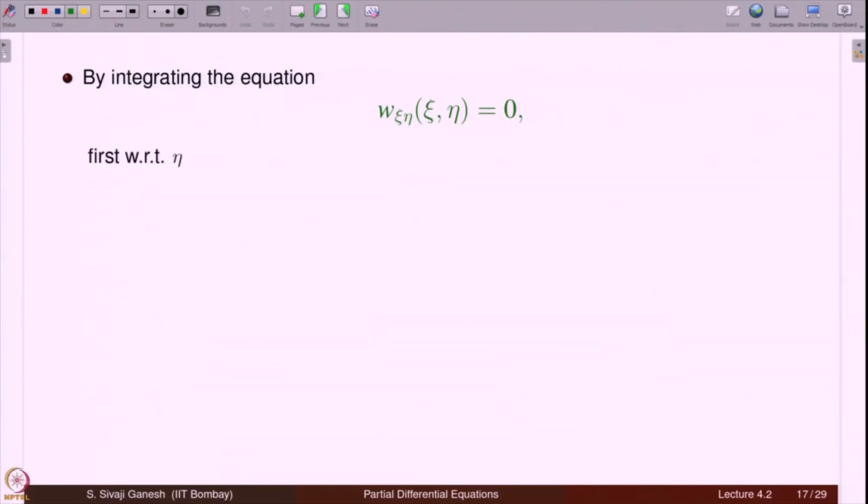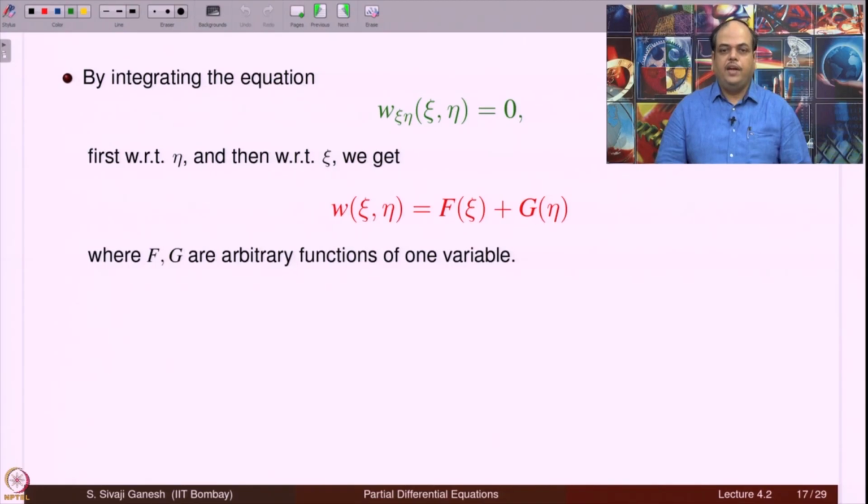Now, we can integrate this with respect to eta first and then xi next, or even the other order is also fine, and we get this expression. Okay. If you integrate with respect to eta first, then what you have is w xi is a function of xi alone and then w eta will turn out to be this.